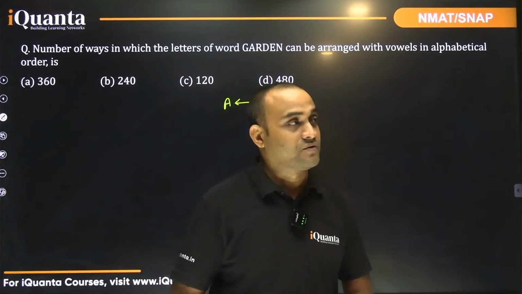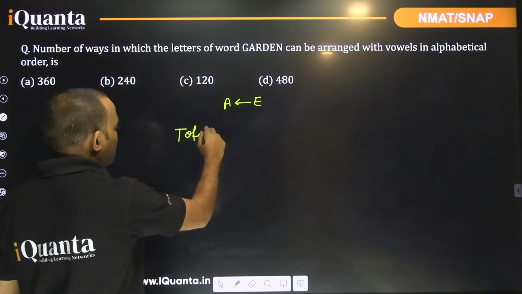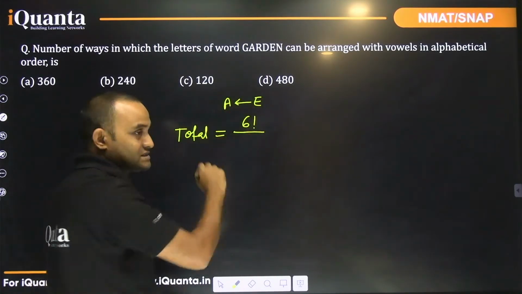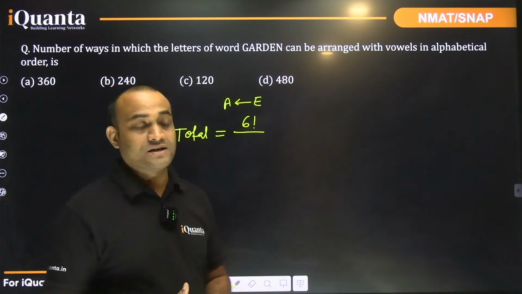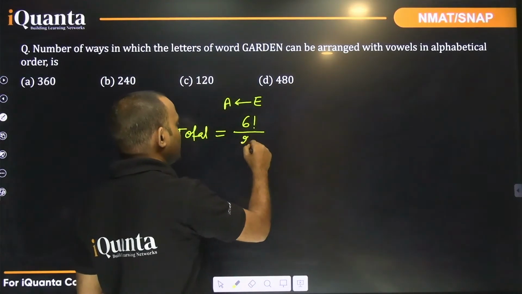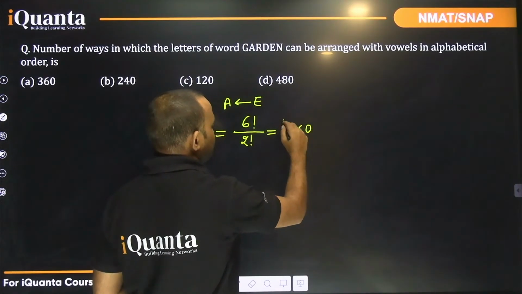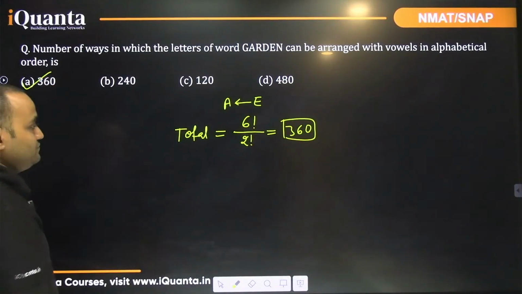Hello Akul, good afternoon. So what will be the total number of words? 6 factorial, and these vowels can be arranged among themselves in 2 factorial ways. So divide that by 2 factorial, which will be equal to 360. So our answer is option A.